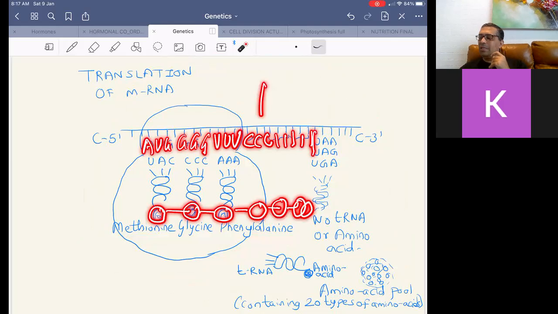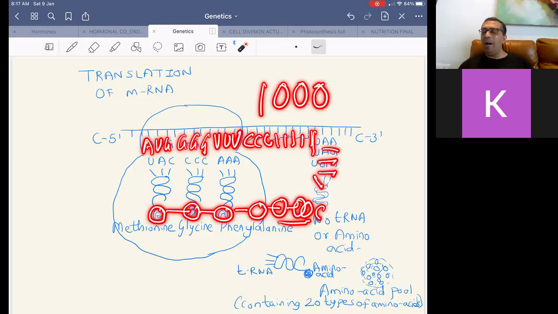How many codons? 1,000. How many amino acid? 1,000. Then comes stop codon. That means no amino acid transferred. And that means this translation process has stopped.